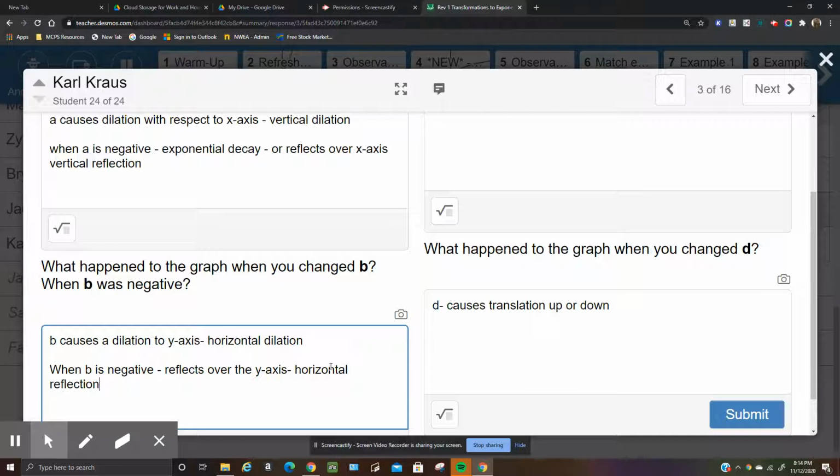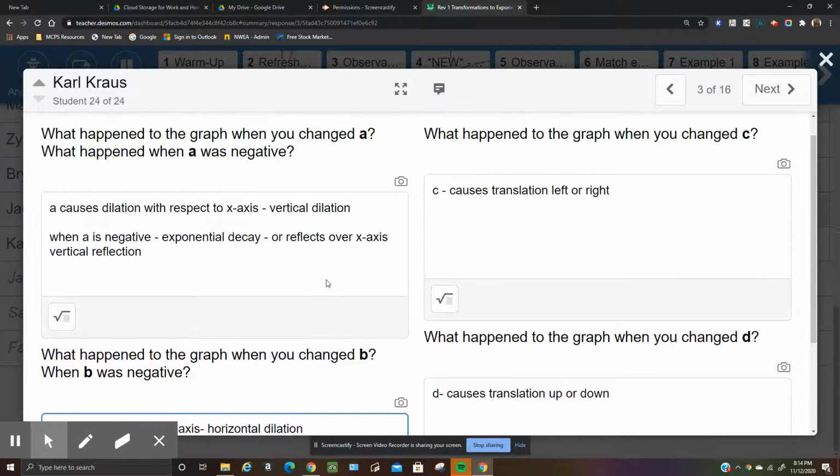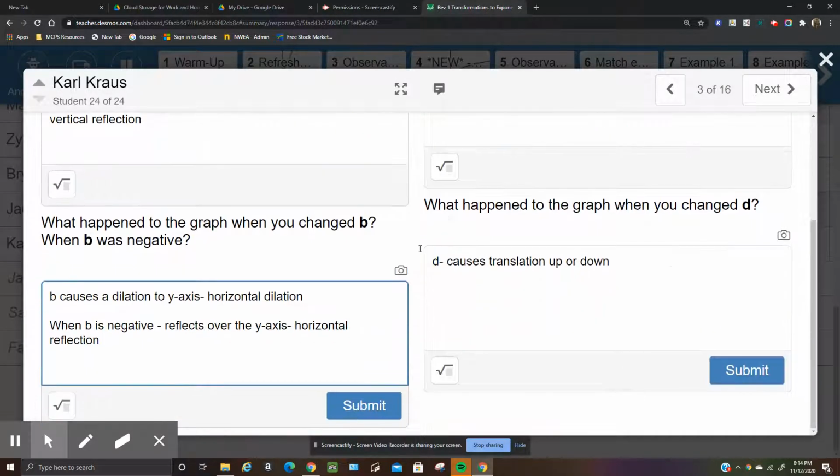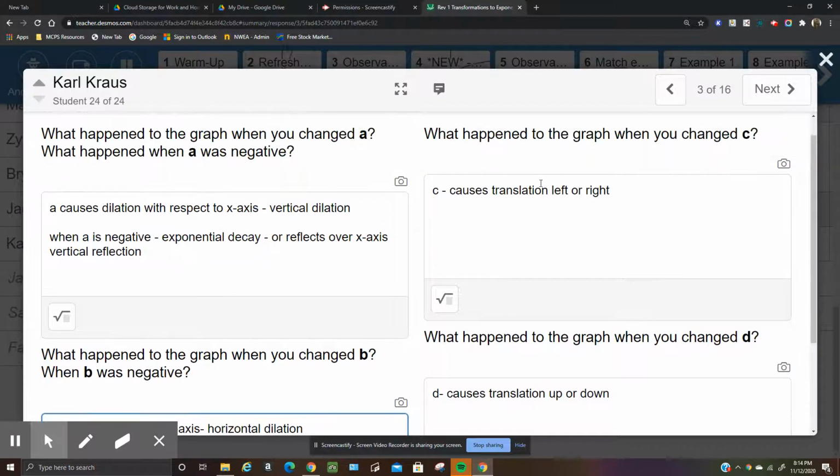So the reason why I'm doing it different ways here, because the vocabulary on slide 6 says these things: vertical reflection, horizontal reflection, vertical dilation, horizontal dilation. And then C causes translation left or right, and D causes translation up or down.